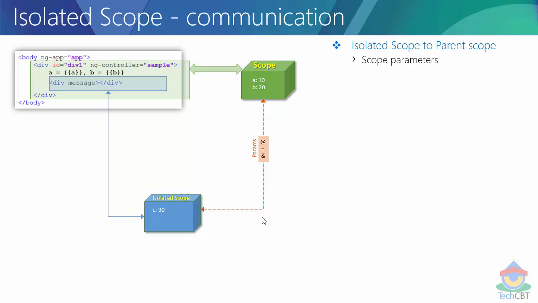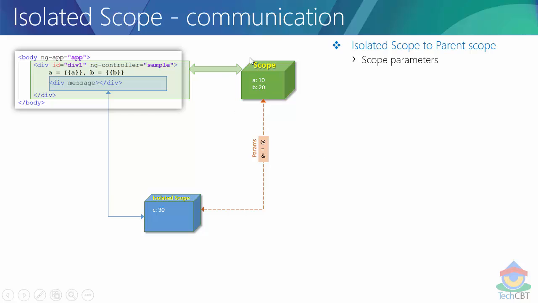For that, we have various ways, and one of the ways is using scope parameters. Even the scope parameters themselves have various ways. Scope parameters are a concept available to isolated scope whenever you would like to access or provide some kind of integration to the outside world from within your isolated scope. Imagine I would like to access the parent scope from the isolated scope, you can use scope parameters.